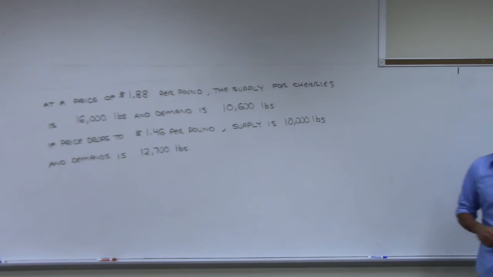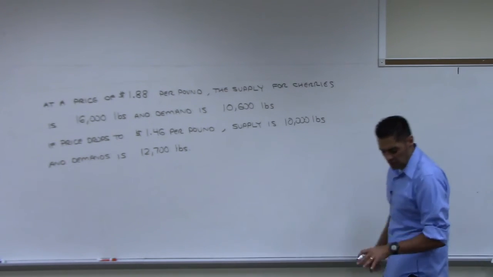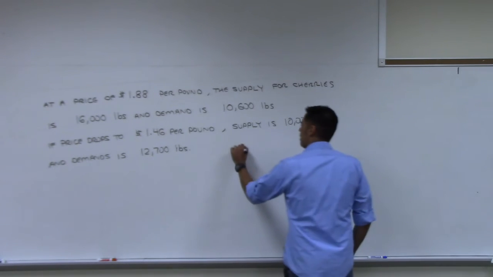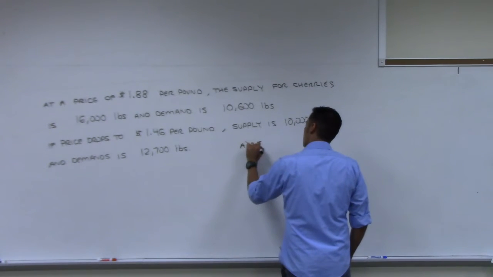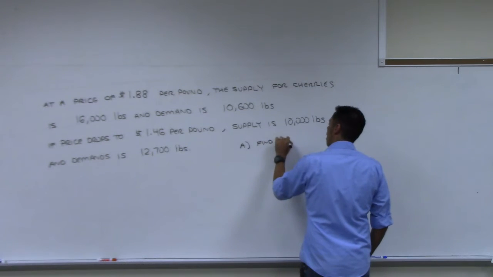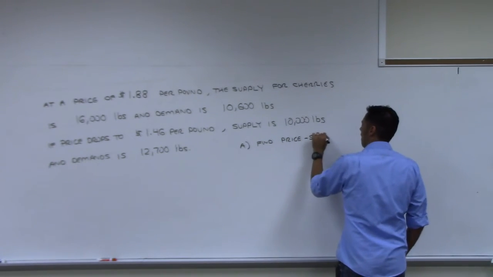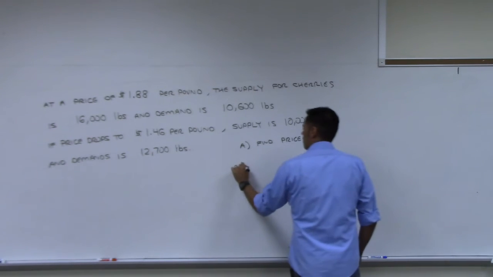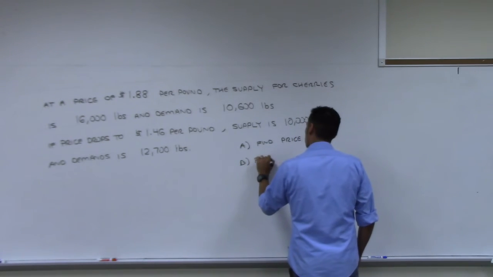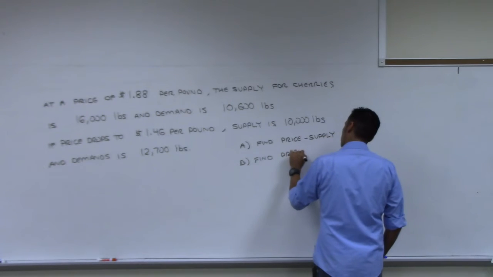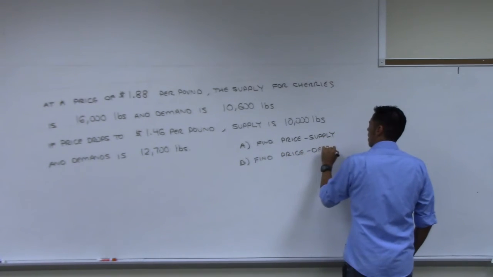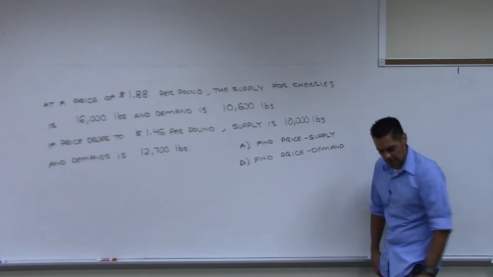This problem is exactly like what we just did, right? Exact same setup, pretty much. The questions are a little bit different, though. Part A, find price supply. Part B, find price demand. And here's where things are changing.